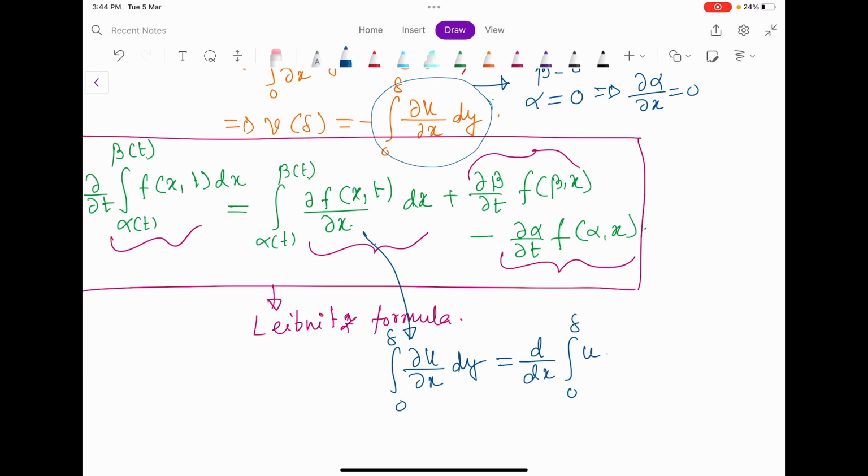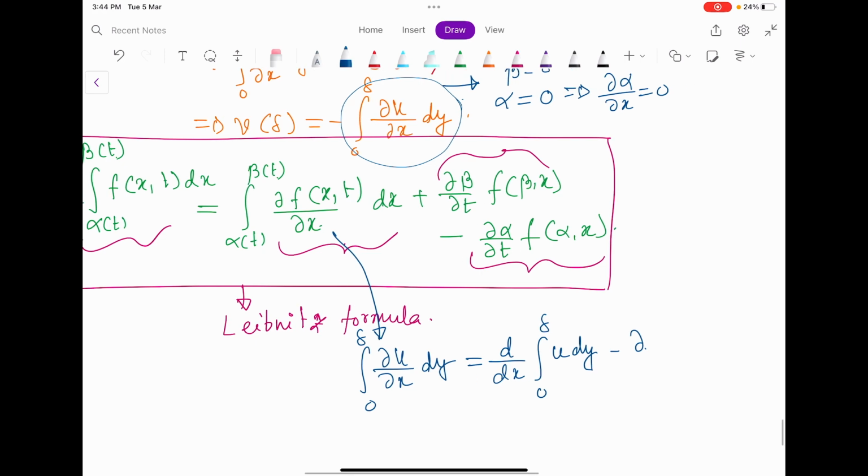So this will be u dy, okay, minus del beta, that is, these are functions of x only. So d delta dx into u at delta comma y, right, u at delta comma y.